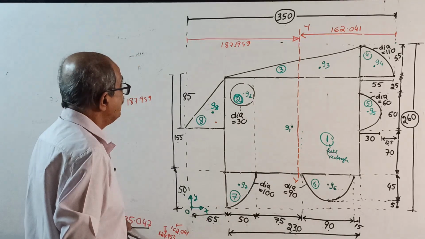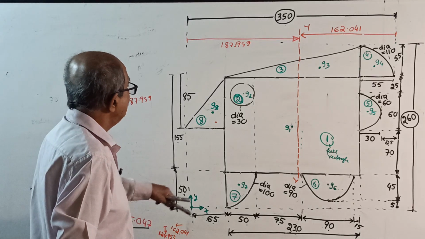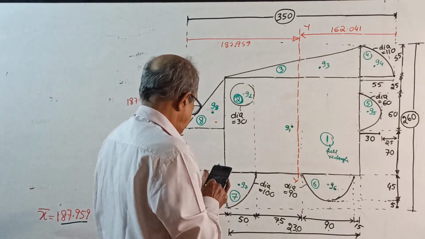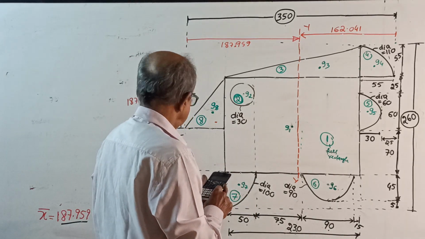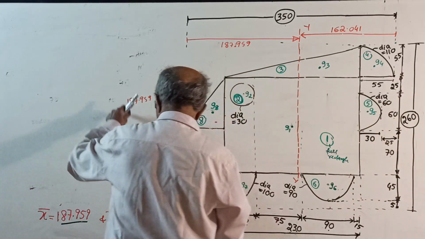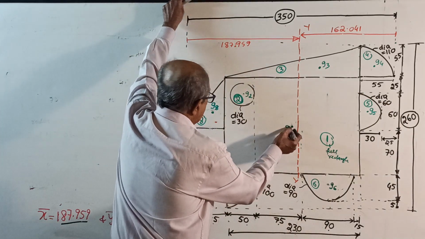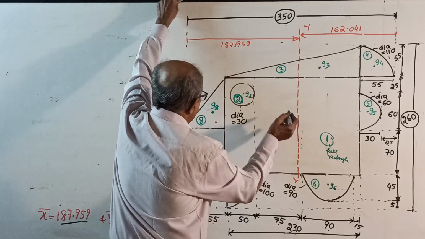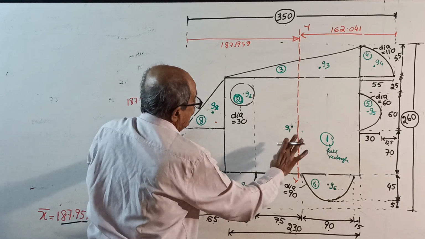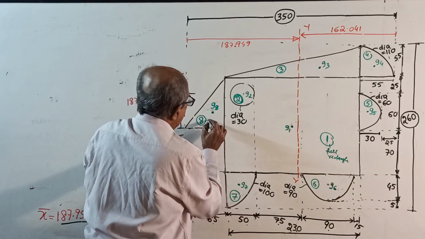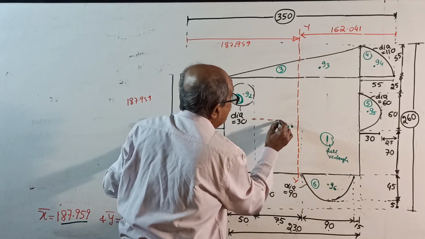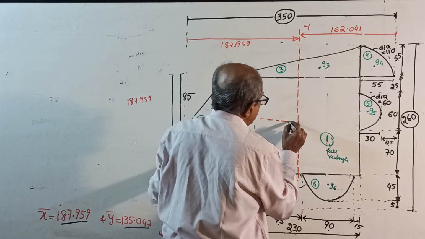We got 135, so it is above the centroid here. Now perfectly okay.